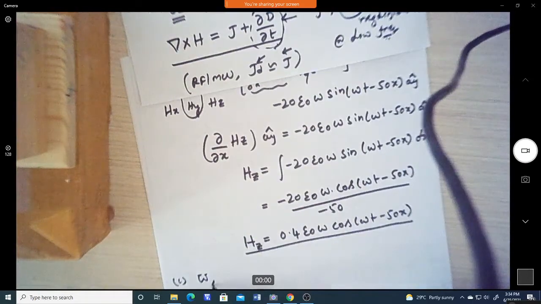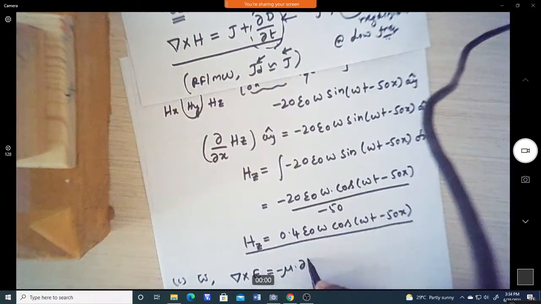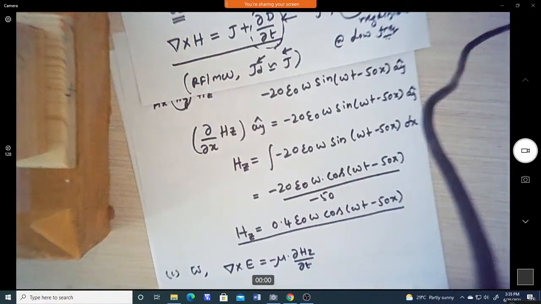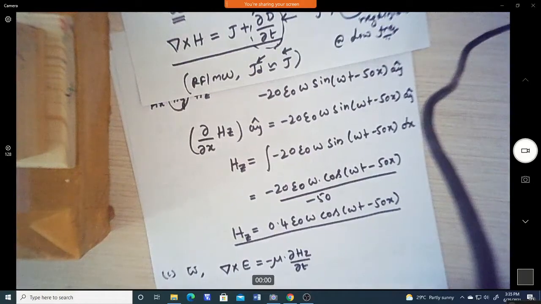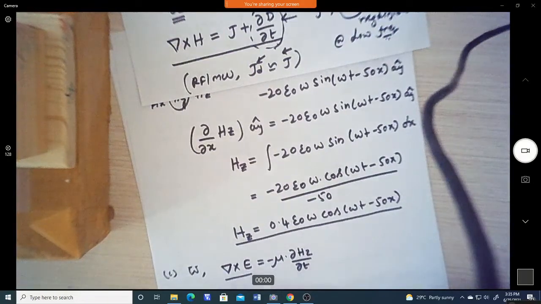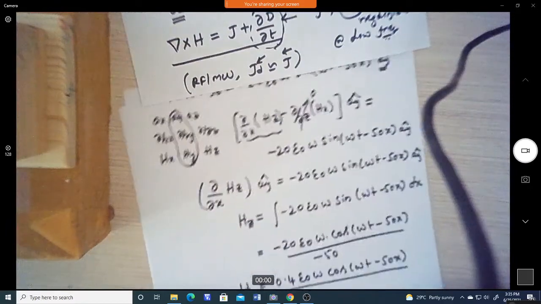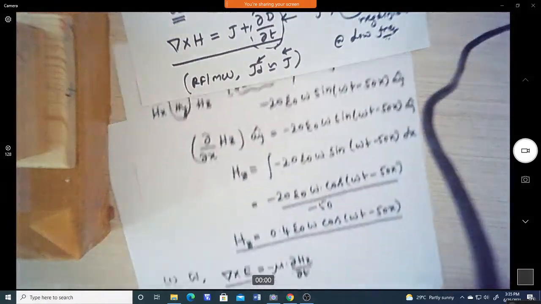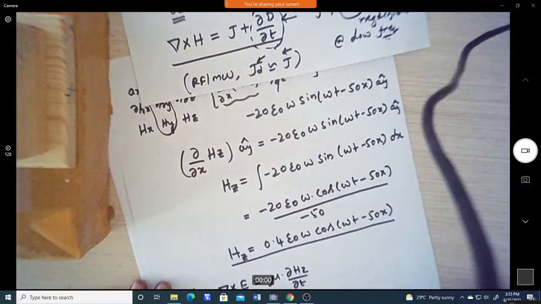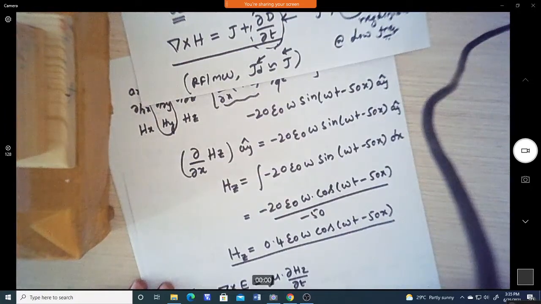So for this we'll use del cross E, which is equal to minus mu into del Hz divided by del t. We can use this equation. So this del cross E, it is a variation with respect to y, so only we'll take the y component: ax, ay, az; del by del x, del by del y, del by del z; ex, ey, ez.